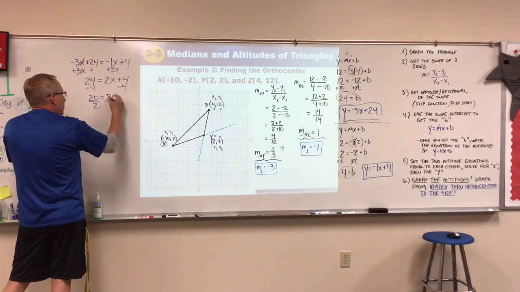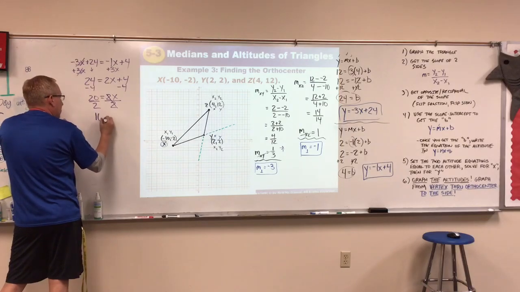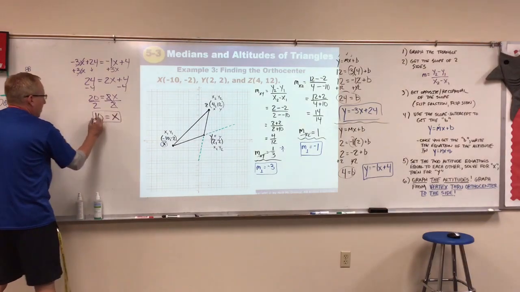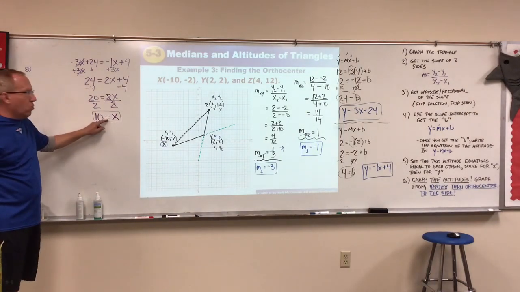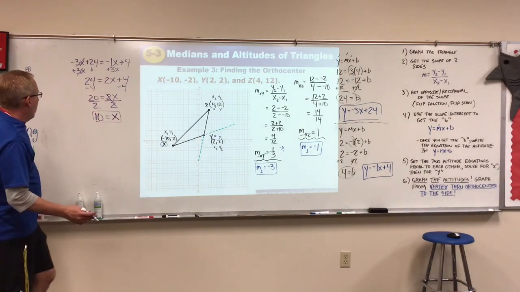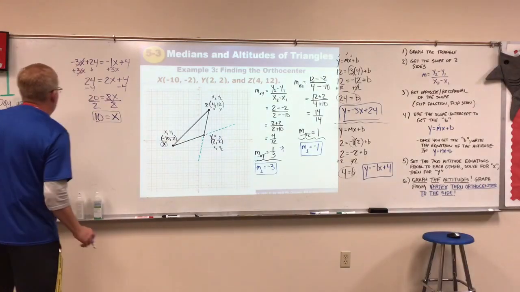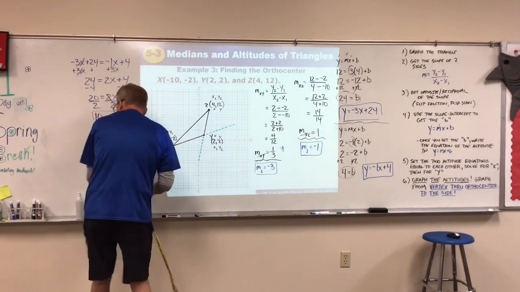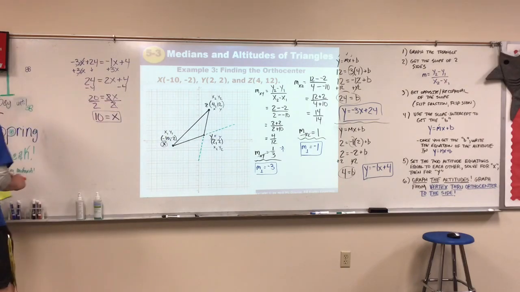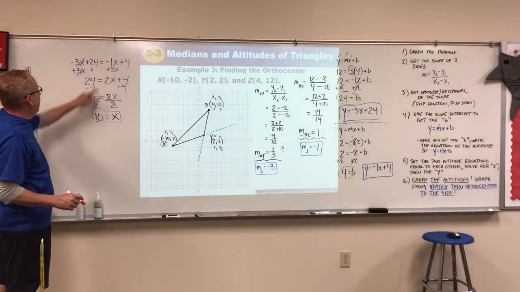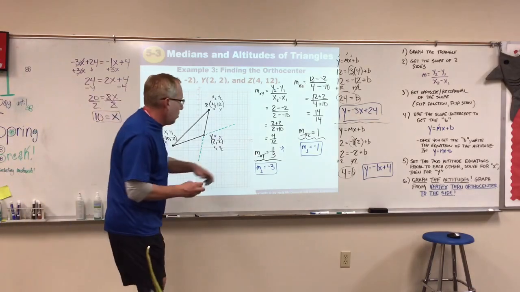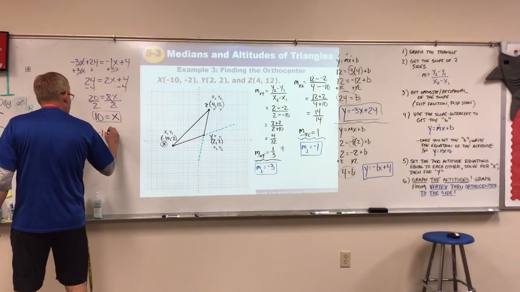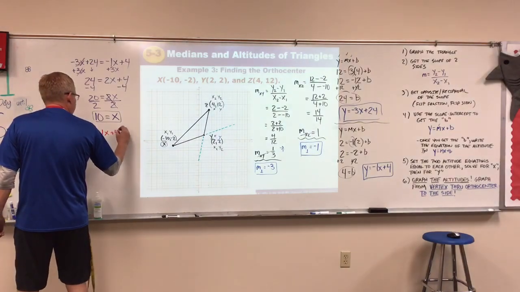That means 10 equals x. That is the x value of my orthocenter. So now all I need to do is plug this into one of these, and it will solve for the y. So I'm going to take this 10 and plug it into y equals negative 1x plus 4.